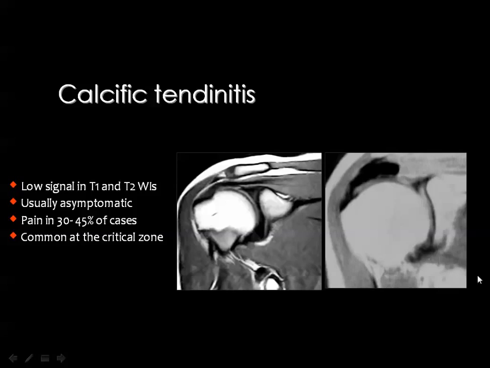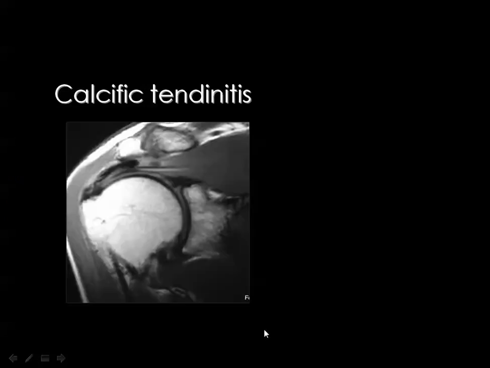And this is the normal supraspinatus tendon, which is of uniform caliber and regular outline. But whenever calcium is deposited in the tendon, it will also show low signal in MR images, but you can appreciate that the tendon is not of regular thickness or outline. You see the abnormal contour of the tendon and the irregularity of the margin.